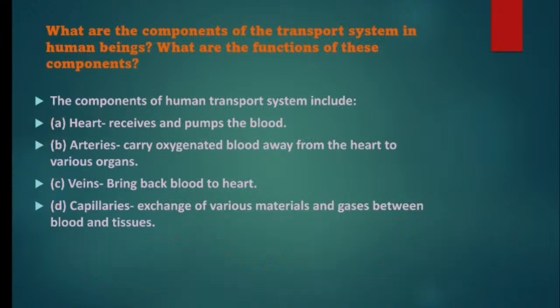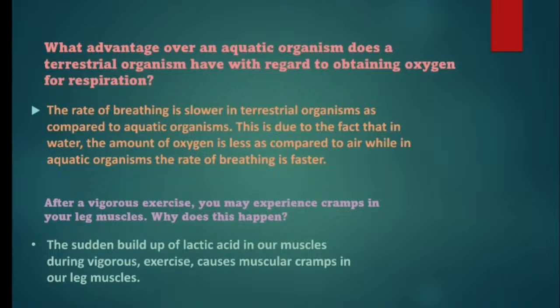Alright, moving forward. What advantage over an aquatic organism does a terrestrial organism have with regard to obtaining oxygen for respiration? The rate of breathing is slower in terrestrial organisms as compared to aquatic organisms. So you might have seen a fish. Whenever you see an aquarium, you might have seen a fish keeps on opening and closing its mouth.